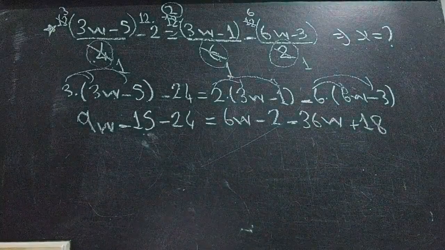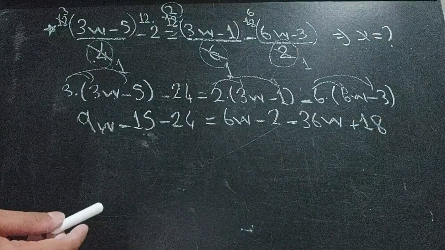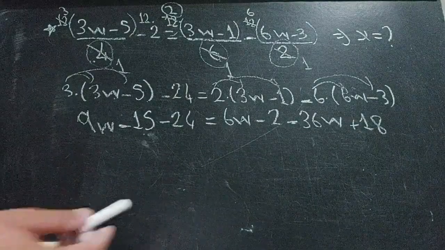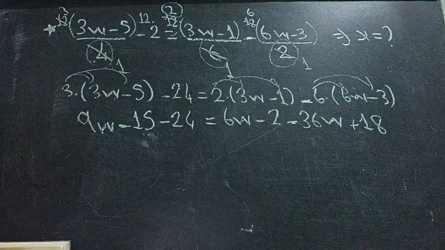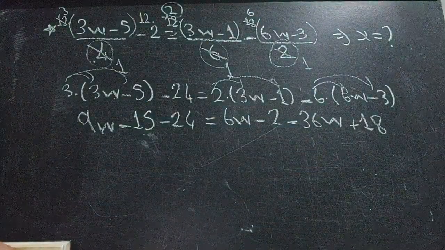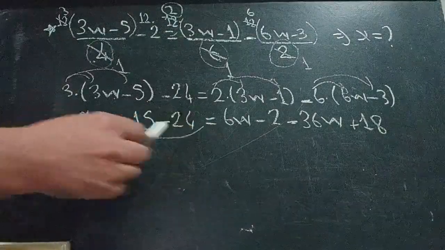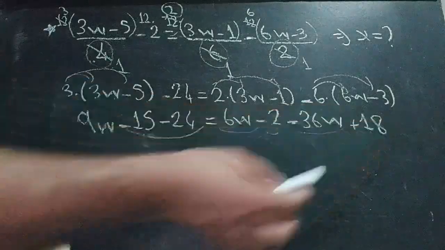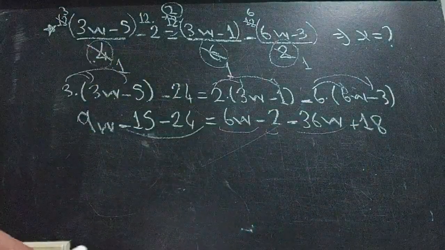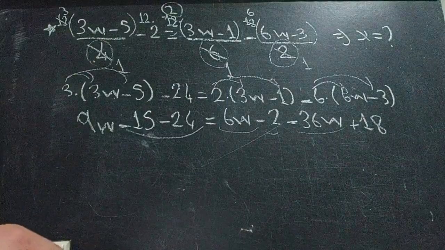Alright, I will do my operations now for both sides. By the way, before doing operations, you can send numbers to one side and letters to one side. So let me do that one first then. That is up to you. Yeah? You could do this operation and this operation and this operation first, then send the numbers to one side and letters to one side.